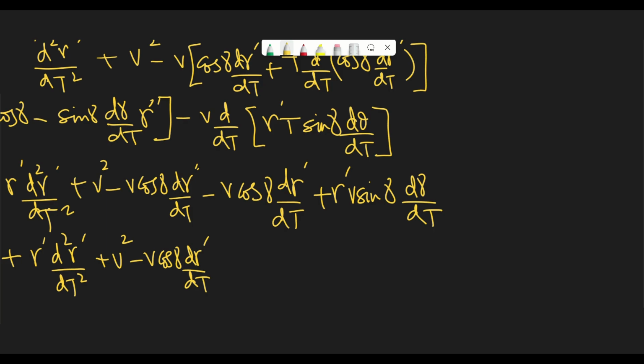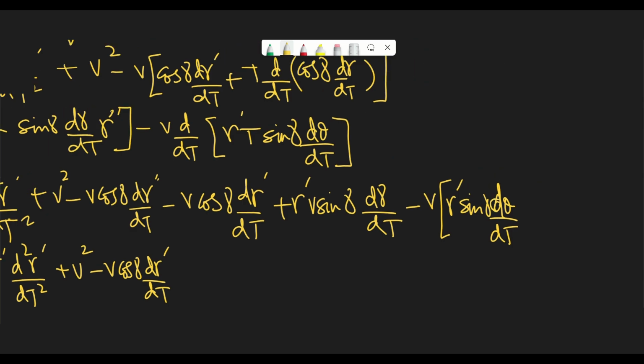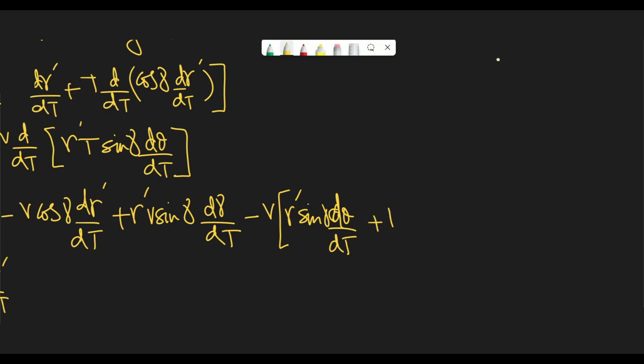Here I missed the term. R d theta over dt plus t d by dt of R prime sin gamma d theta over dt.